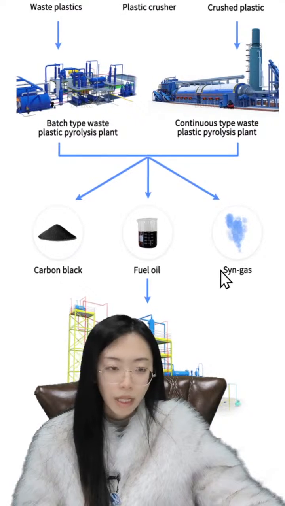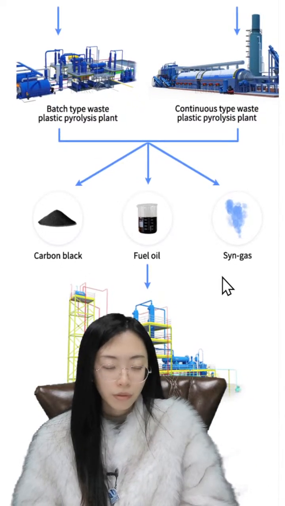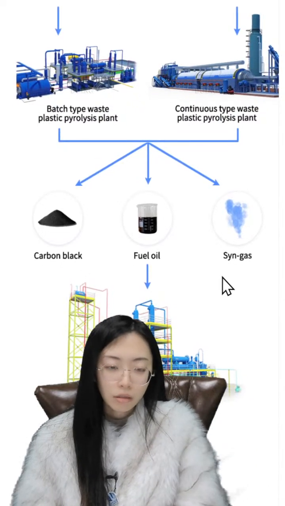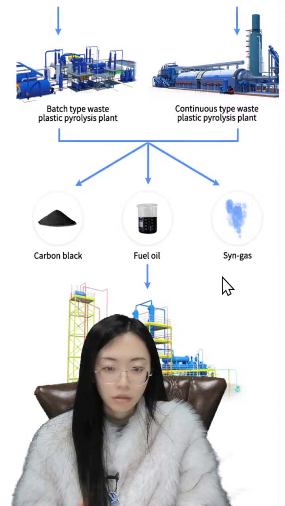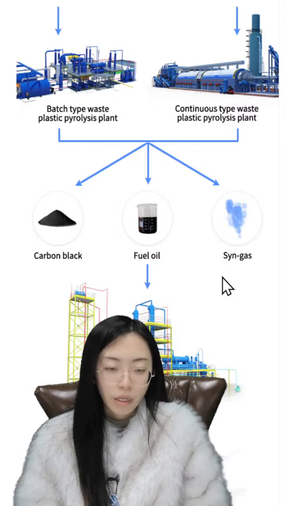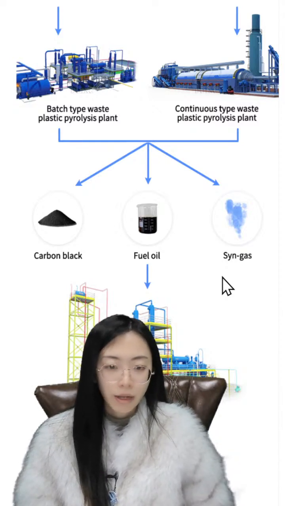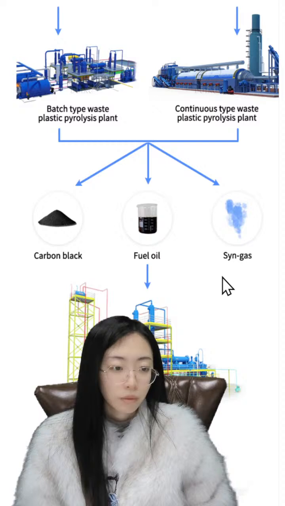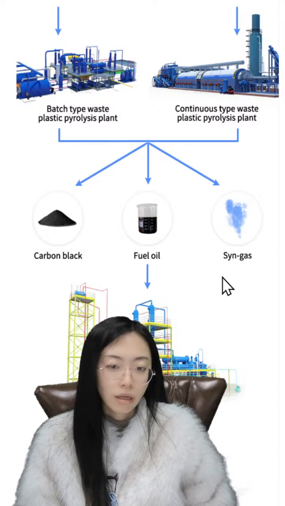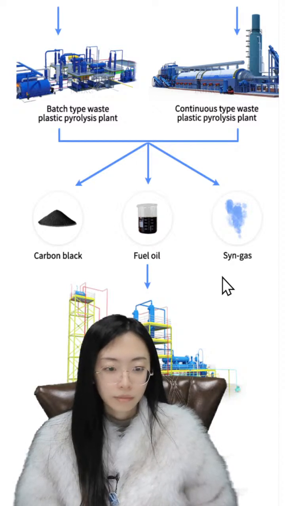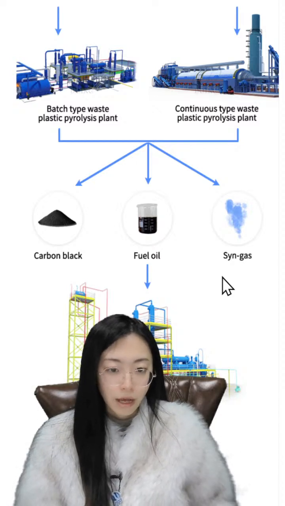It's a bit different, but the products are the same, though they may have different qualities. The products of the continuous one are a little bit higher in quality than the batch type, because the raw material is powder, so the fuel oil quality is a little higher than the batch type, because it can react more fully with high efficiency.